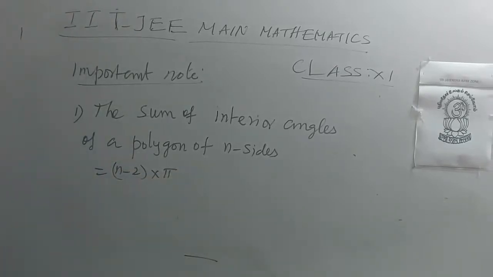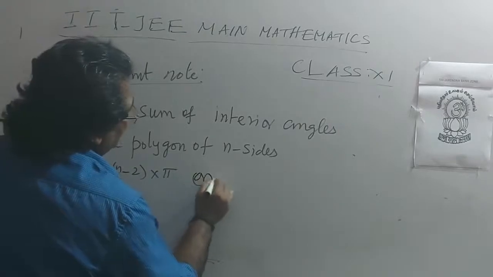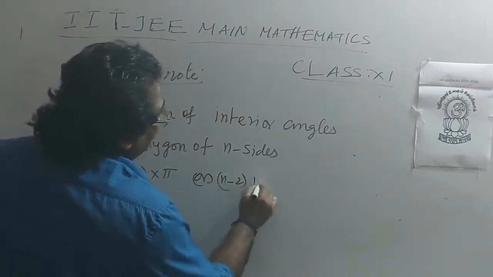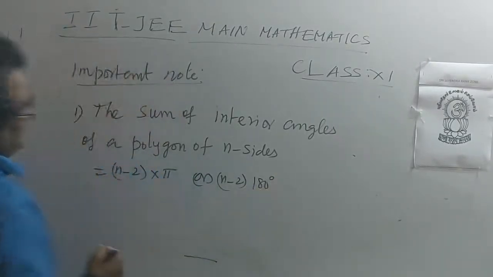The sum of interior angles of a polygon of n sides equals n minus 2 into pi, or n minus 2 into 180 degree.